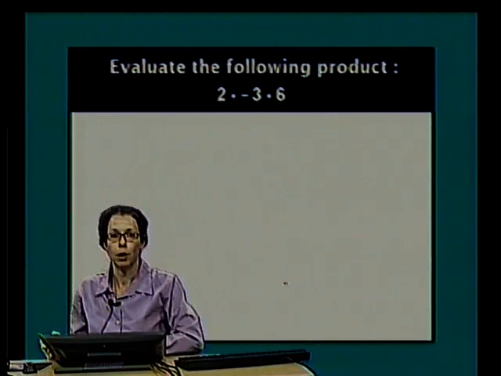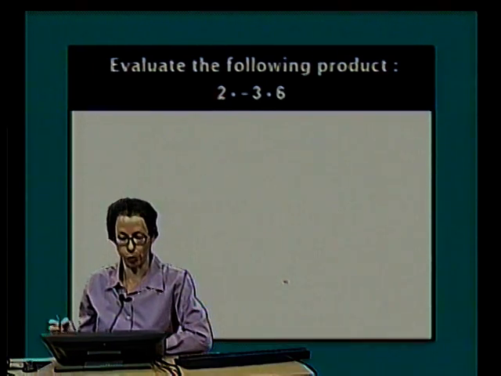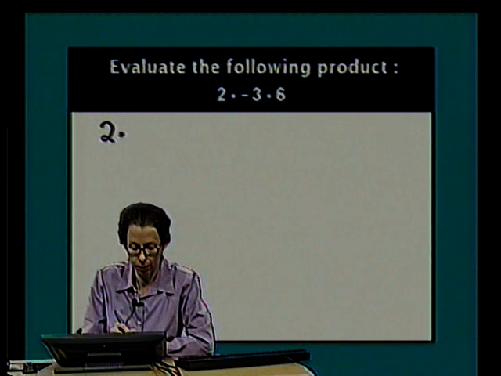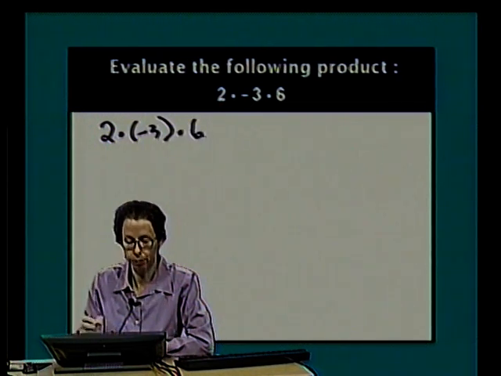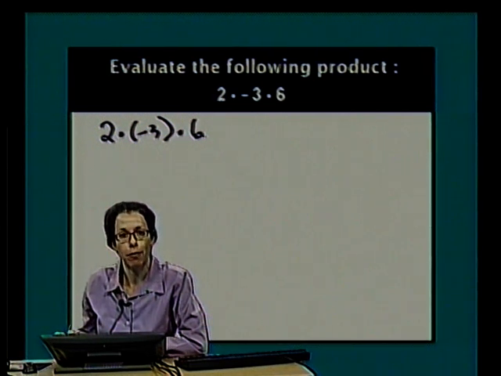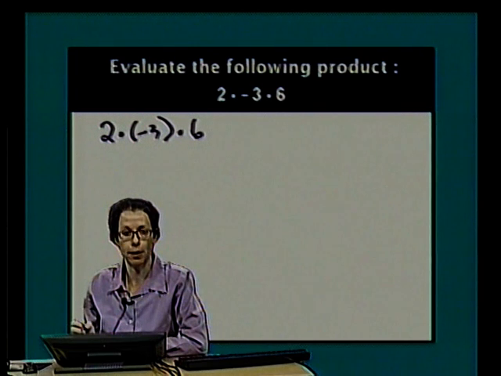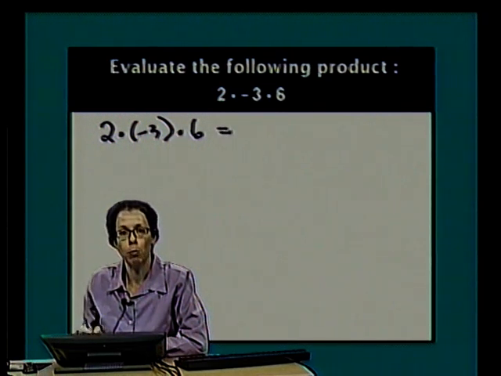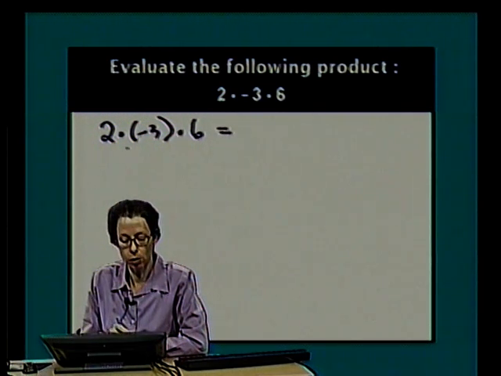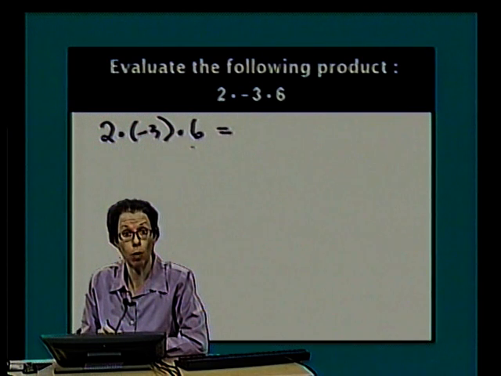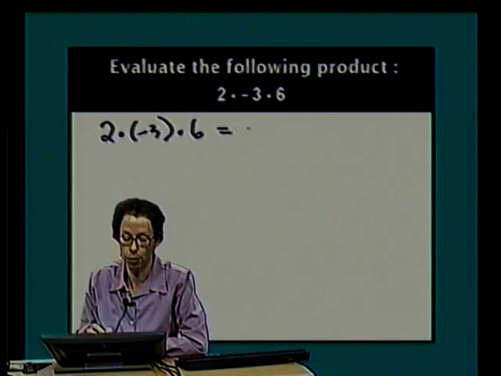So now let's look at a product of three factors. So in this example, I have three factors. I have two positive factors and one negative factor. And when I do this problem, I'm going to do the operations from left to right. So first I'm going to multiply 2 times negative 3.